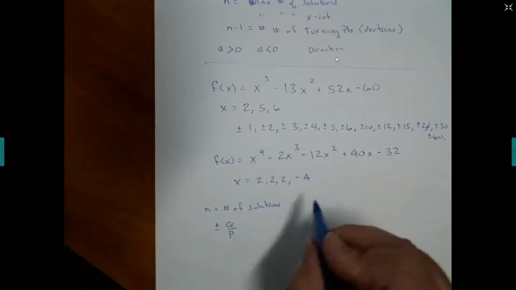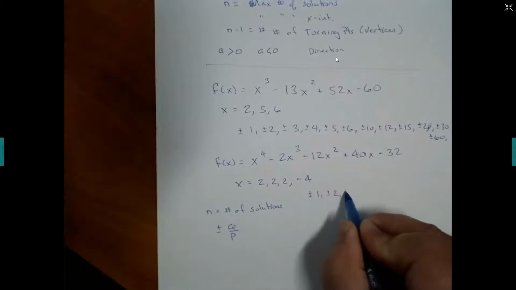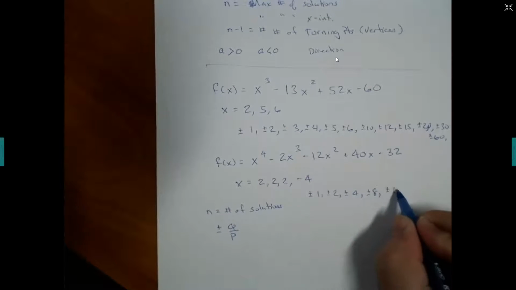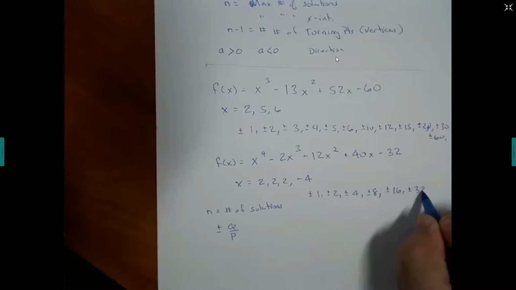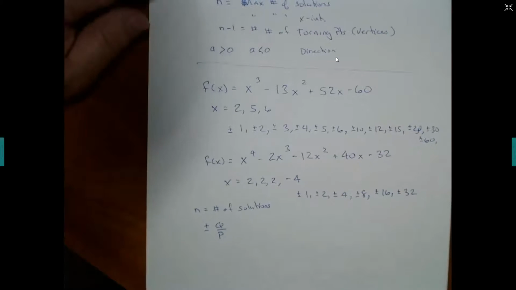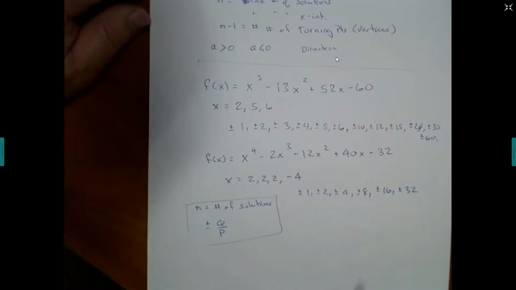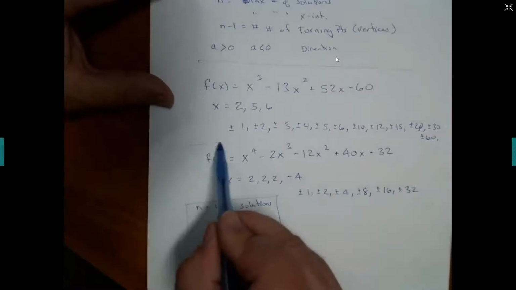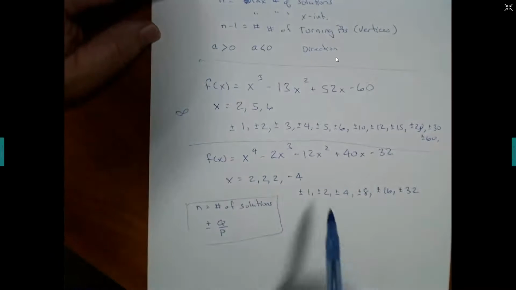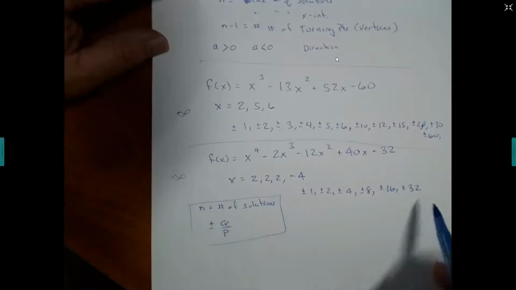And for these, we had plus or minus 1, plus or minus 2, plus or minus 4, plus or minus 8, 16, 32. So you see how we've narrowed down from an infinite number of possibilities to these.